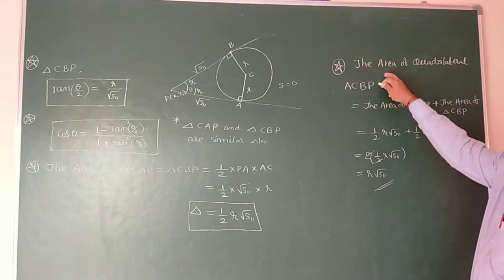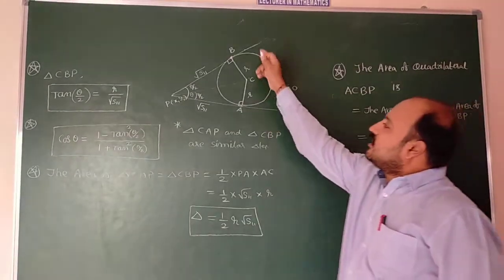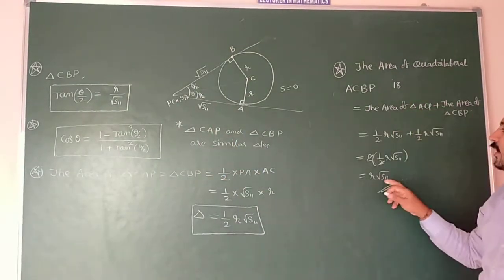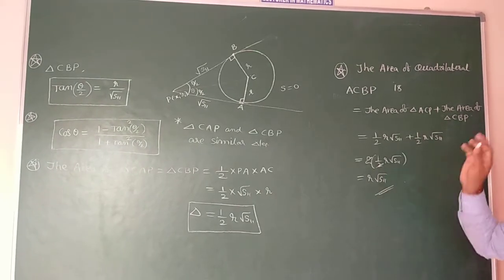If they ask the area of quadrilateral ACBP, then the answer is r into root S11.